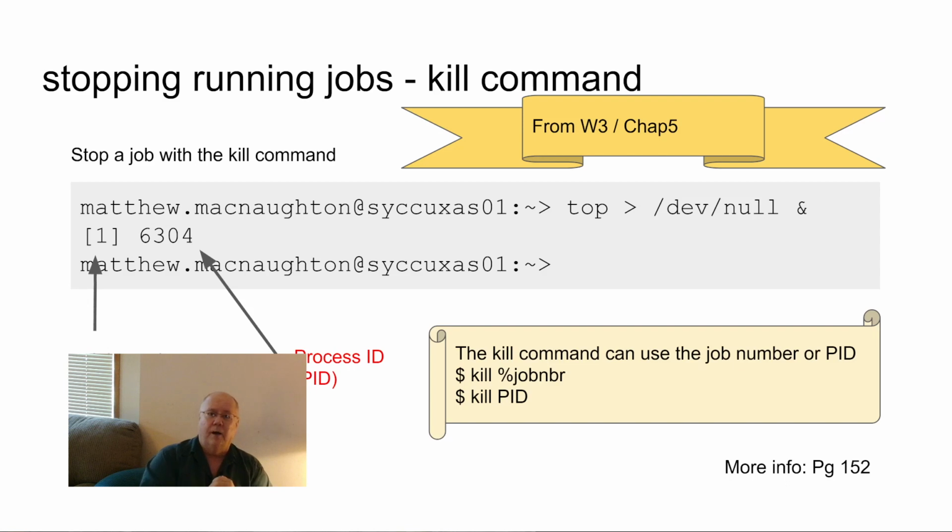Signals are basically an integer value that maps to a particular signal. If you look at the kill man page, you'll see all of the signals it can generate and all of the ways you can send signals to other processes. But in this case, the kill command sends the kill signal to a process that has been put in the background in this example, and that's how it works.